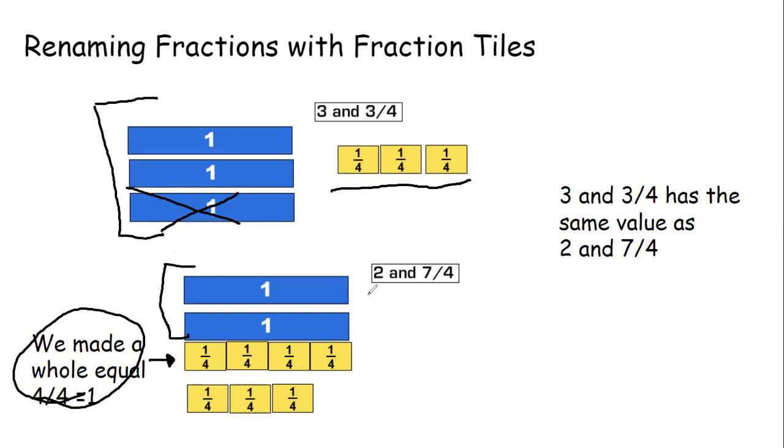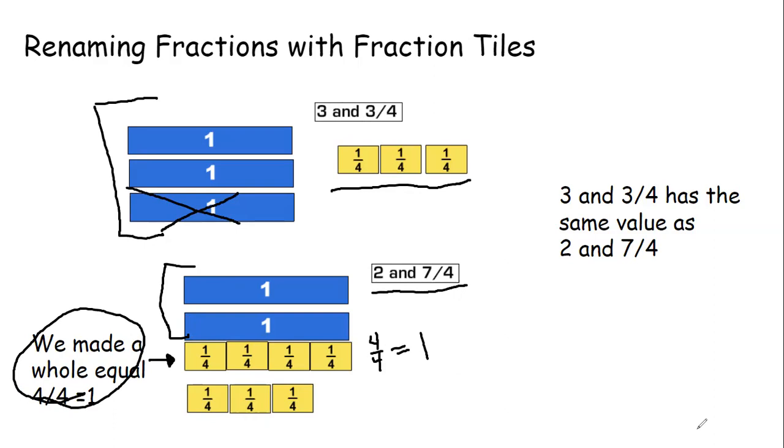So I'm showing 2 7/4, which also has the same value as 3 3/4, because this one right here, 4/4, equals 1. Okay? So 3 3/4 and 2 7/4 equal the same value.